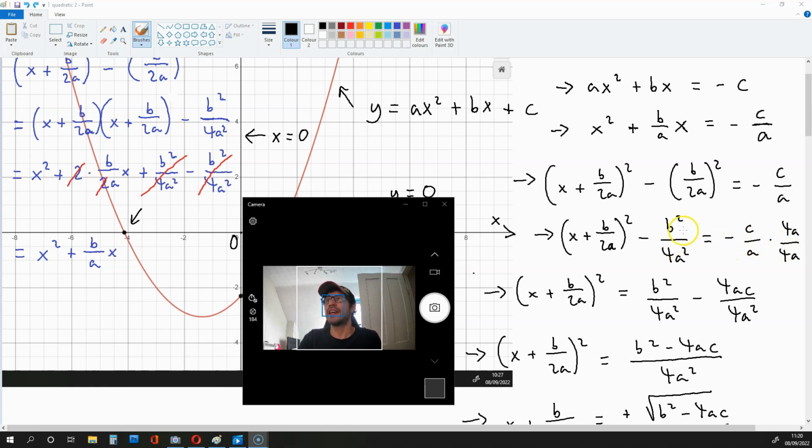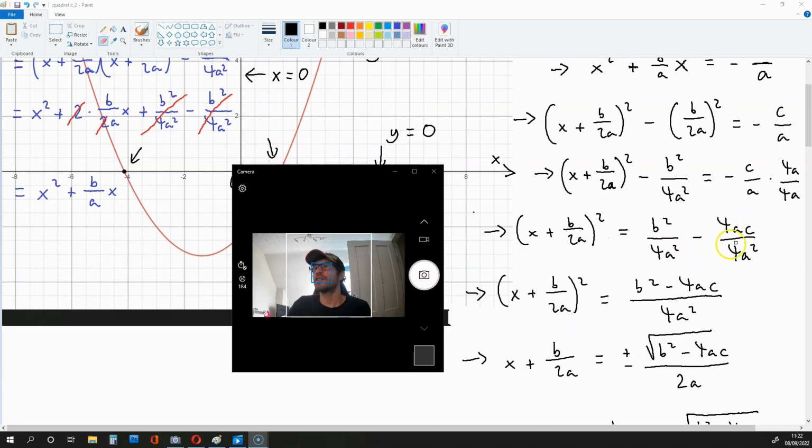From here, if we send this to the other side of the equation, or we add it to both sides, what we get is x plus b over 2a, squared, is equal to b squared over 4a squared minus 4ac over 4a squared.